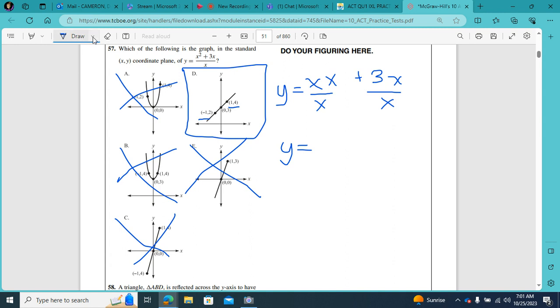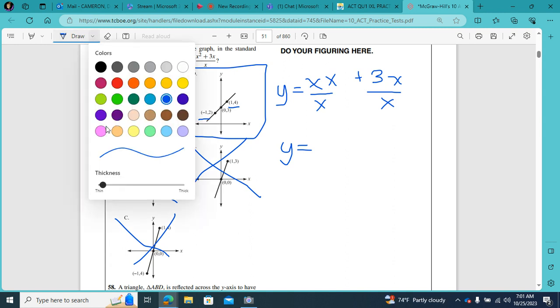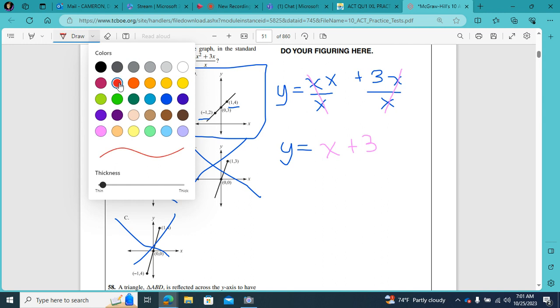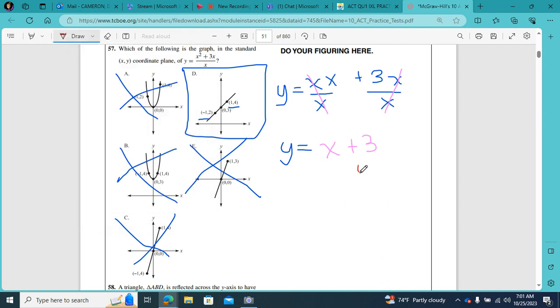and that easily shows me that x and x cancels each other out here. X and x cancels each other out here. So I've got y equals x plus 3, and that plus 3 is telling me that my y-intercept is +3.